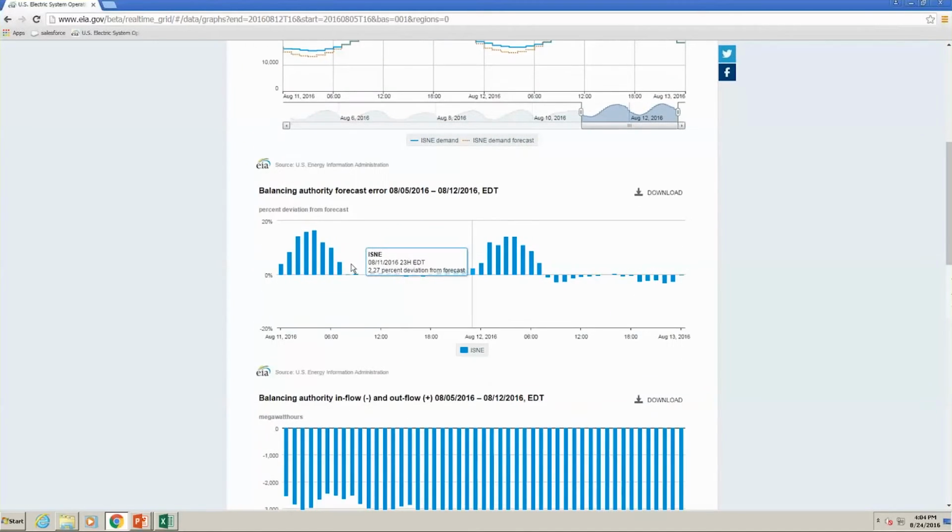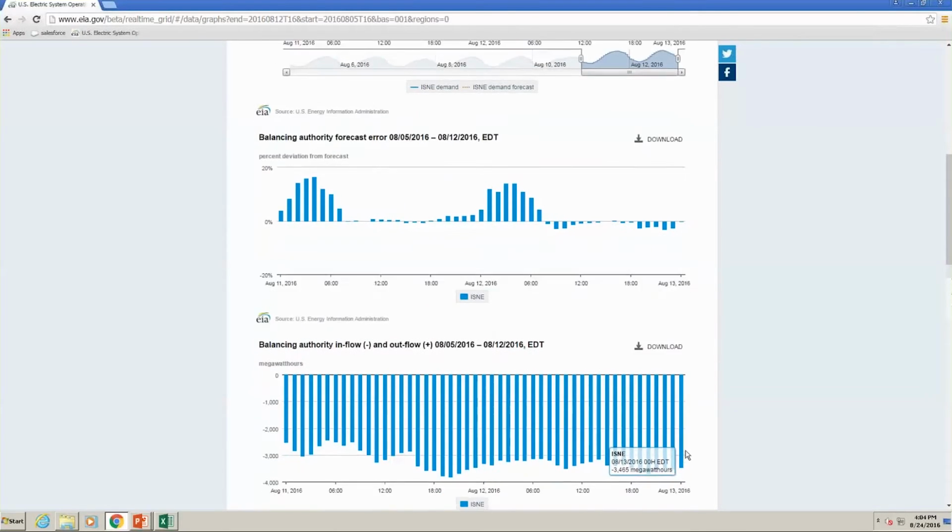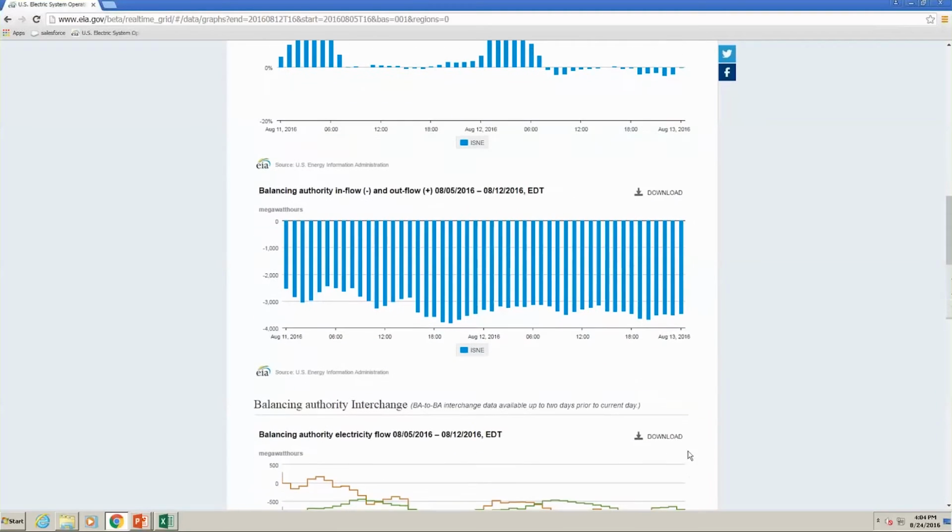We show here a differential between forecast and actual demand. And then this chart in the middle with all the blue lines dropping down is the interchange, or the inflow and outflow of electricity from the New England system.